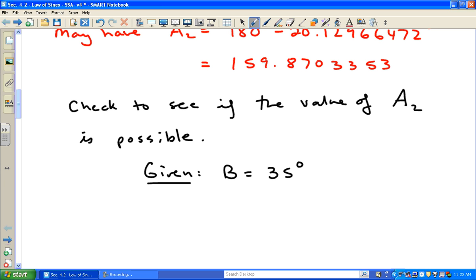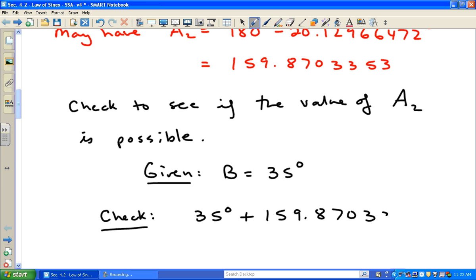If angle A sub 2 is too large, then when you add 35 degrees and the value, you're going to get something that's either 180 degrees or larger. So to check, take 35 degrees and add the 159.87033353.